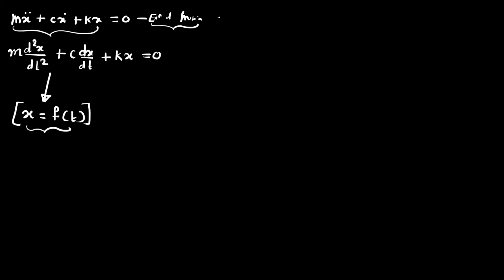Okay. So before we find this value of x, the solution for the damped vibration, just consider the equation for the undamped vibration. For the undamped vibration, we have the equation m x double dot plus k x equal to 0.